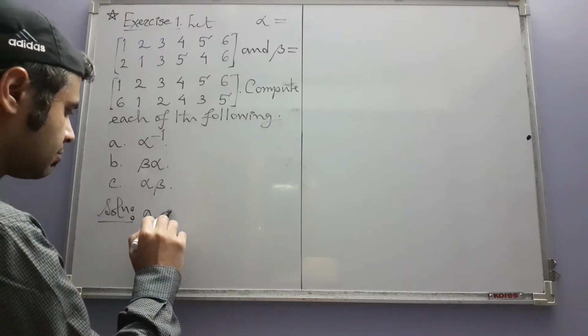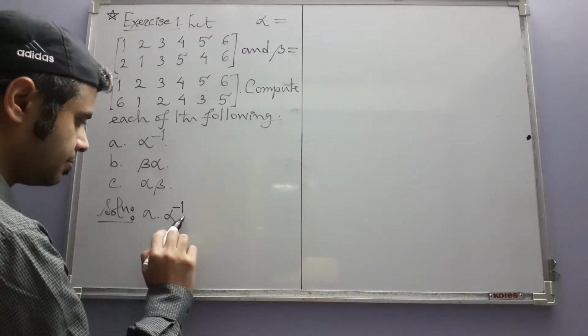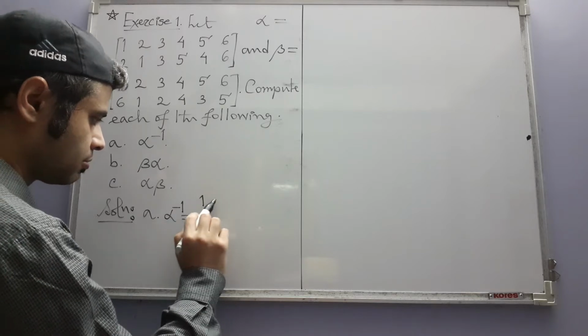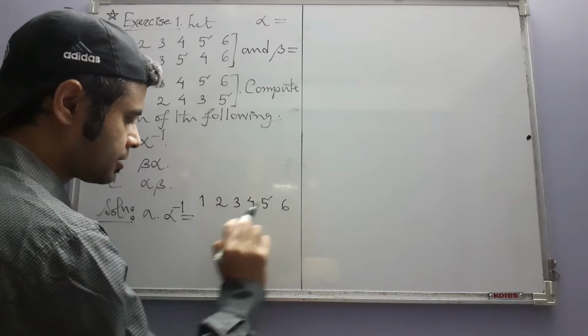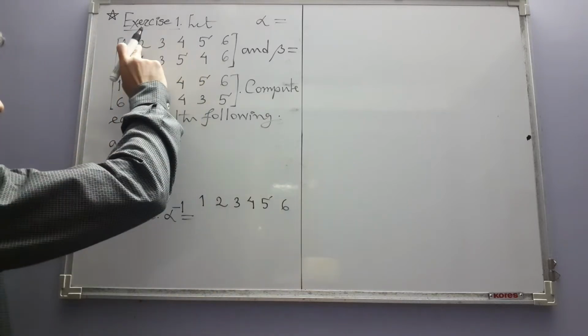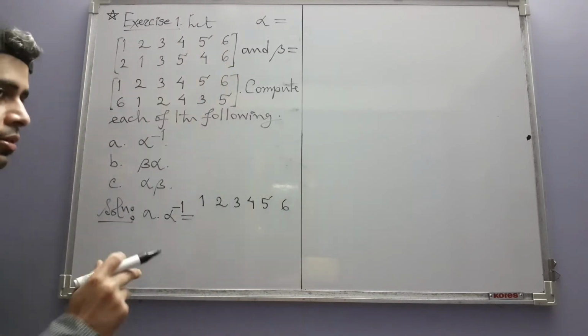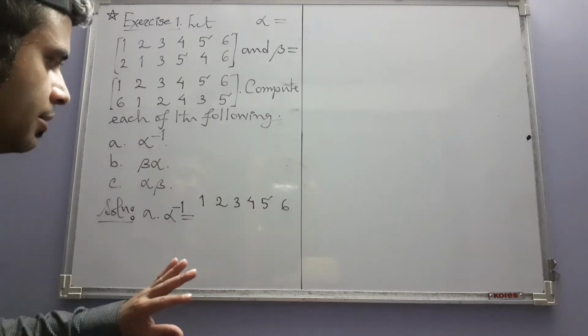Alpha inverse is rather easy to calculate. You just see what alpha does to every number in the first row and reverse that.